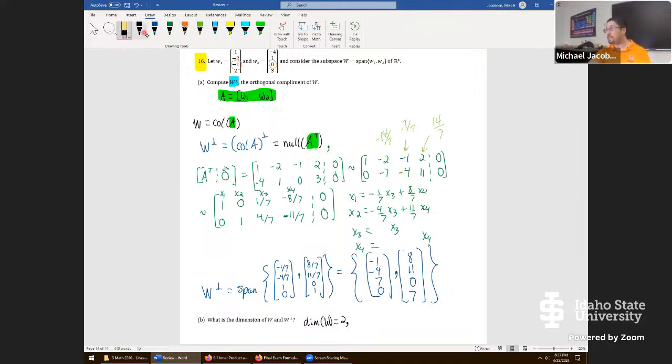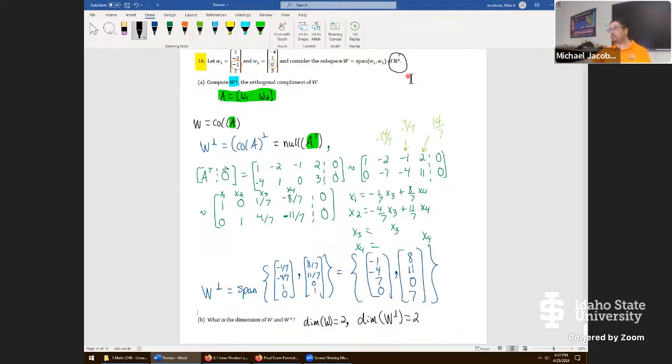So there's 2 of them there, and that means the dimension of the orthogonal complement is also 2, and that's also a check of the problem. If this is of dimension 4, because we're in R4, then the reason we call it the orthogonal complement is because it's the subspace that completes the whole right here. That was of dimension 2, leaving 2 other dimensions on the table for the orthogonal complement to take up.